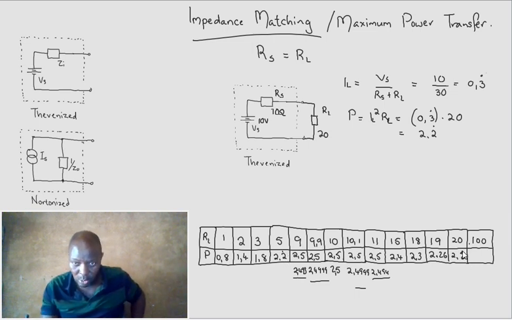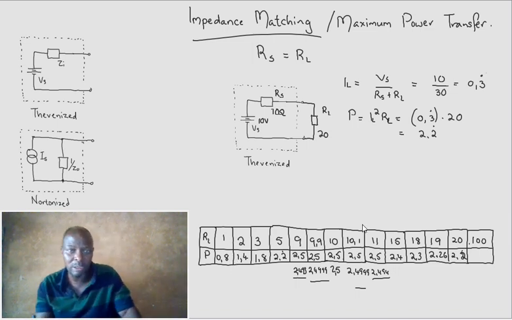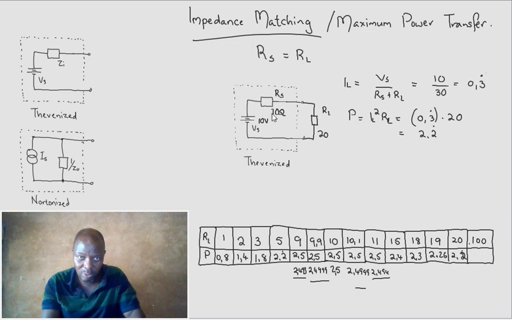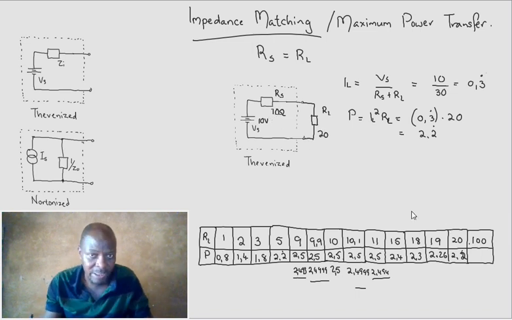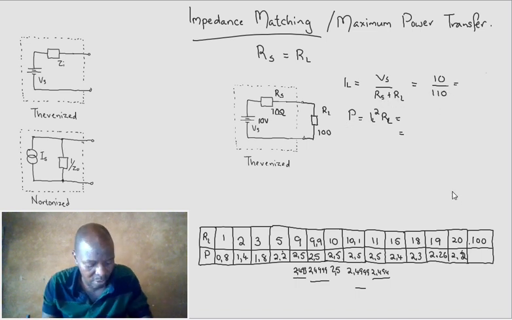I'm predicting now that 100 is going to give us 0.8. Here it was 100, it was a tenth. This is 10 times more. If we have a load of 100, this will be 110. 10 over 110, 1 divided by 11, is exactly what we had before, is it not?